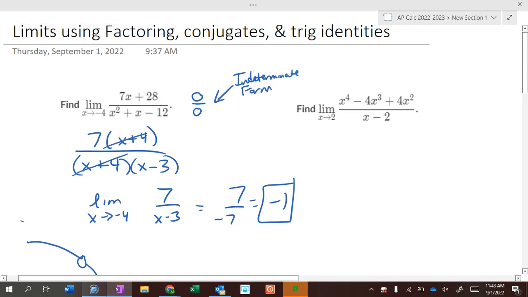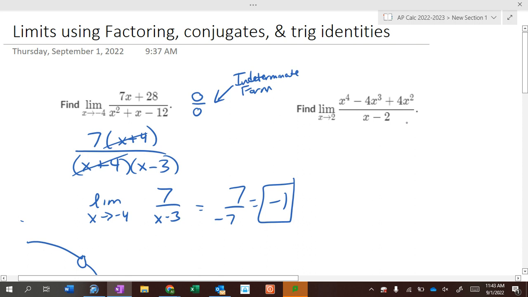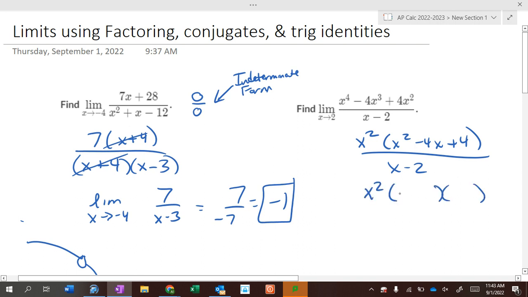Let's figure out this one. If we put in a 2, we get 0 on the bottom, probably 0 on the top too. So, can we factor this at all? What could come out of the top? x squared out of the top, so we get x squared minus 4x plus 4 over x minus 2. Anything else I can do on the top? x minus 2 and x minus 2.